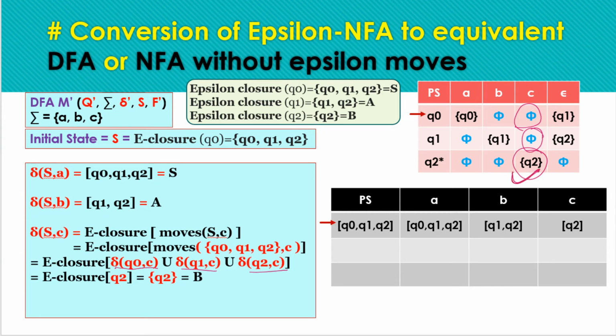Up to this point we have the same steps as NFA to DFA conversion. Now we just need to find the closure of Q2, and the closure of Q2 comprises Q2 only, and we are renaming the state as B, or we can also write B here. So Q2 is identified as B. You can use the abbreviation or the state name.